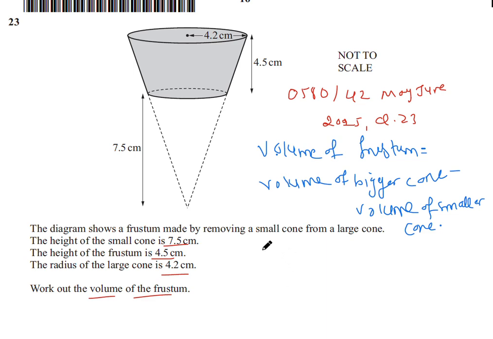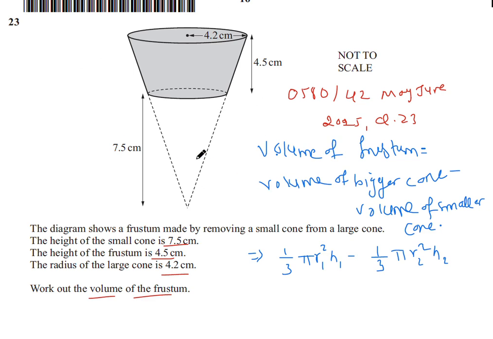So we know that the volume of a cone is 1/3 pi r square h. So look at the bigger cone, volume will be 1/3 pi r square h, minus the volume of the smaller cone, which will be 1/3 pi r square h. I will write suffixes 1 and 2, or capital R and smaller r, anything is okay.